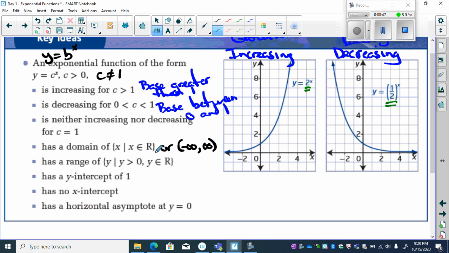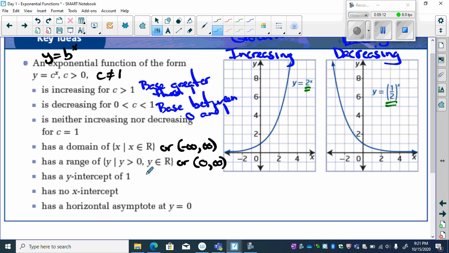That's what it would look like in interval notation. The range is y is greater than 0, y belongs to the real numbers. Or we can write that as 0 to infinity, both in round brackets. Notice I put a round bracket in front of the 0 because it's greater than 0. Can't be equal to 0.